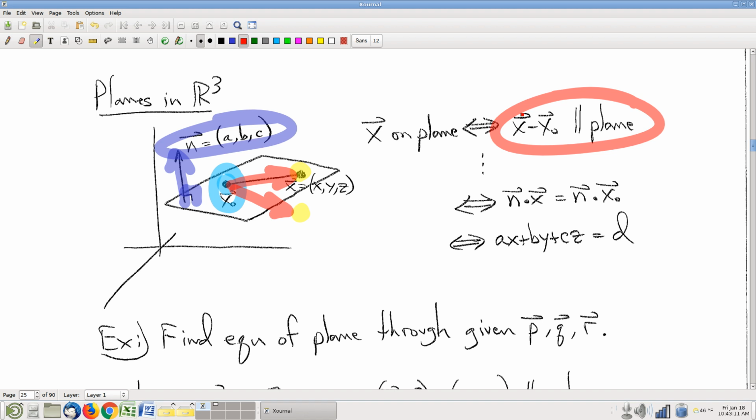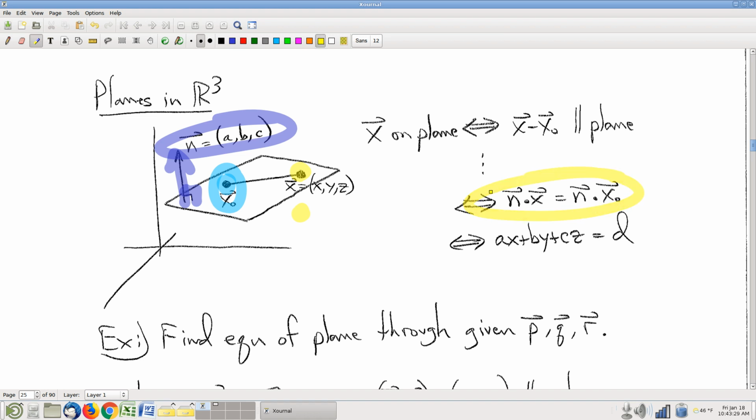Everything goes through the same. Parallel to the plane means perpendicular to the normal vector. That means dot product is 0. Shuffle the algebra, and you end up with this same dot product equation right there. How we doing? Is everybody on board?